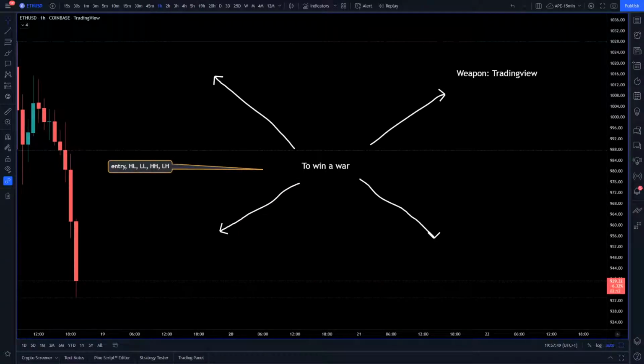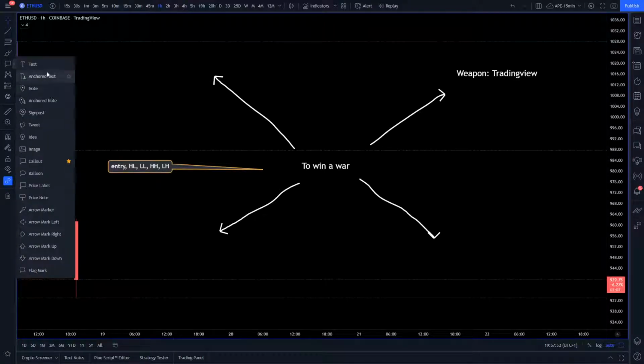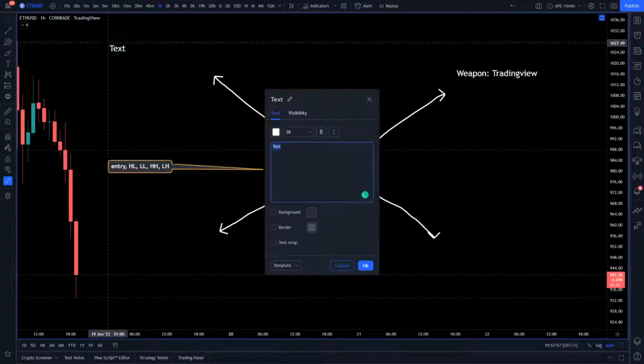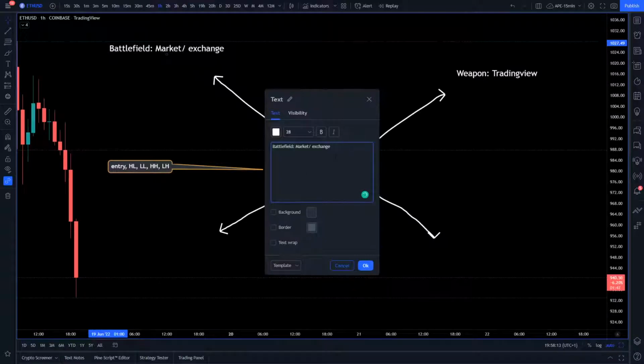So next one, to win a war, what else do we need? We need our battlefield. We need to choose our battlefield, which is our market that we understand, that we are familiar with, or our exchange. So we have to choose our exchange.